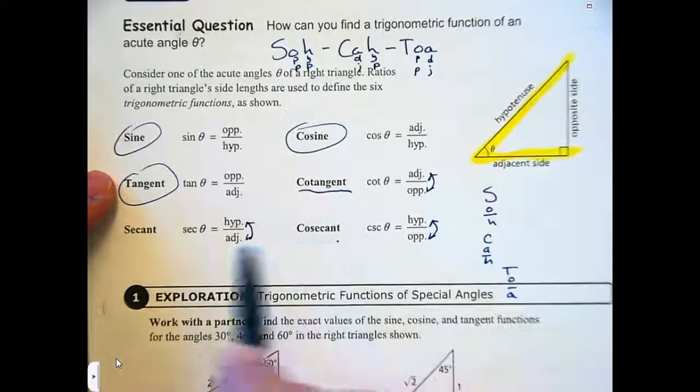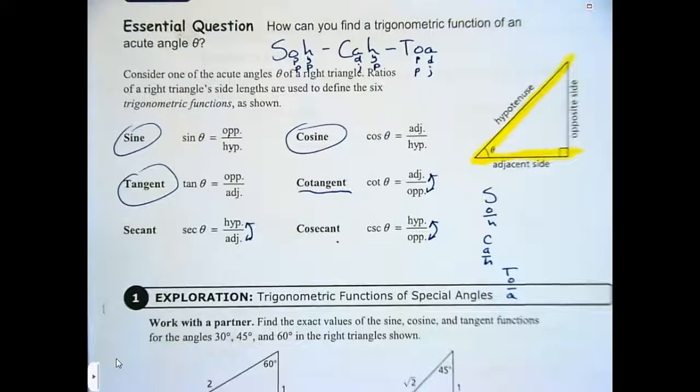It's the complement of secant. The co in front means complement of. Cosecant. Very good. Is there a reason that the tangent complement is also reciprocal? When we go through these, we will.